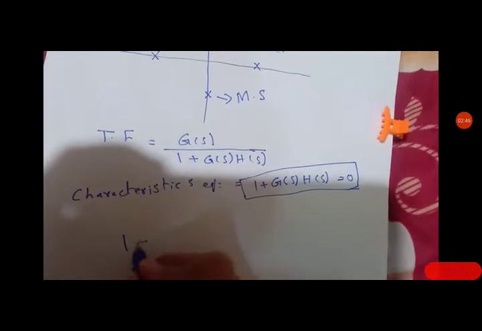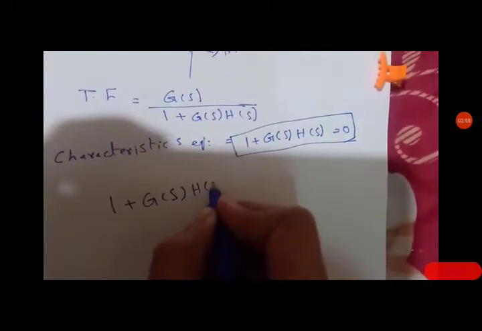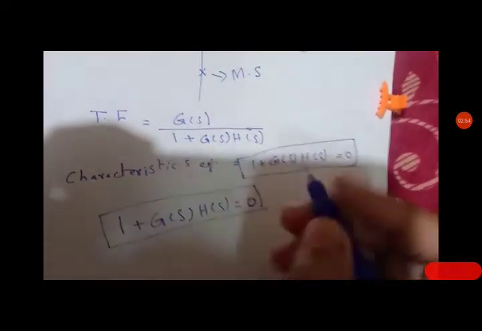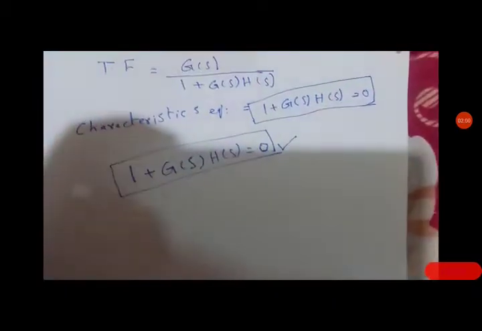This characteristic equation is nothing but the poles of the system, and we have to analyze the poles of the system.